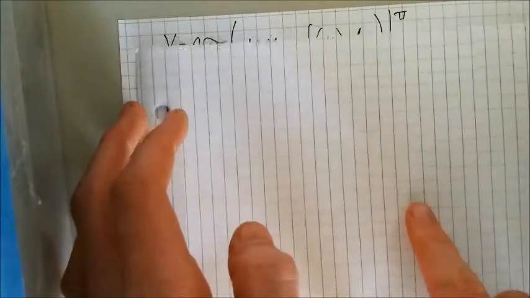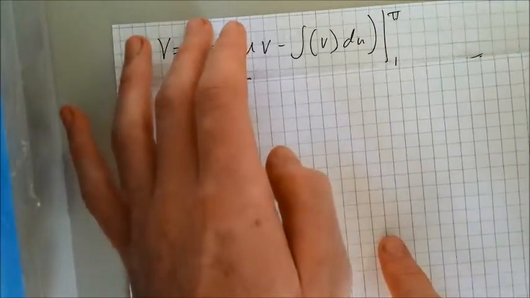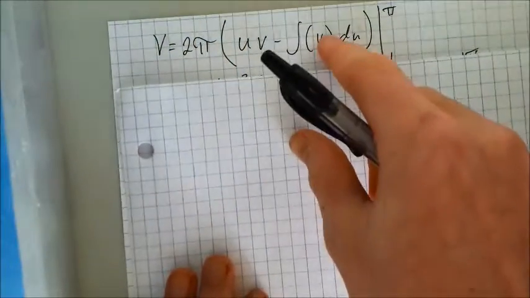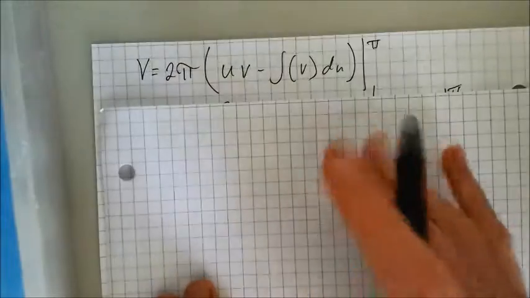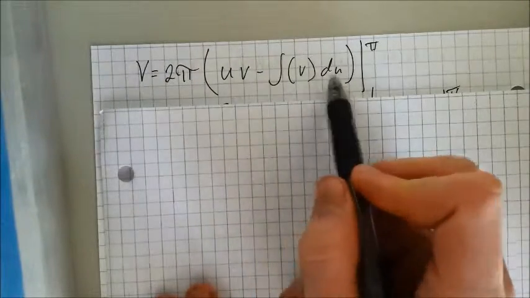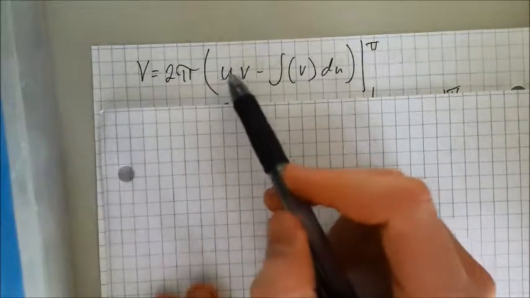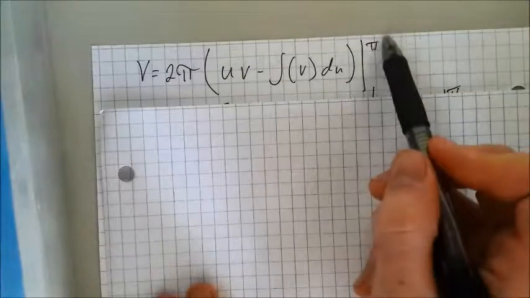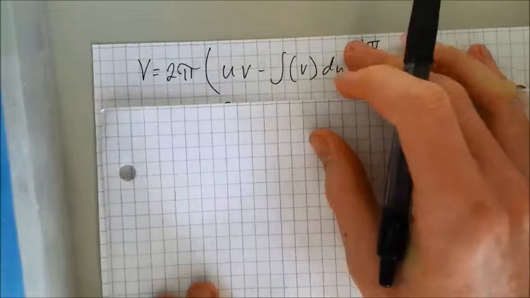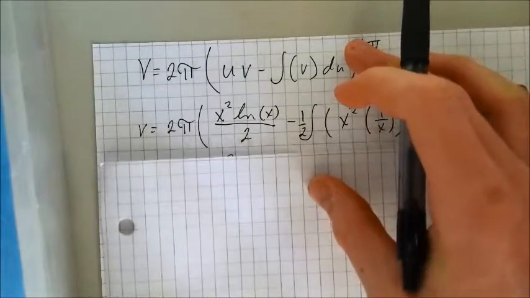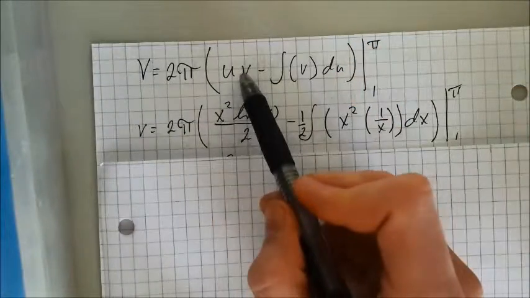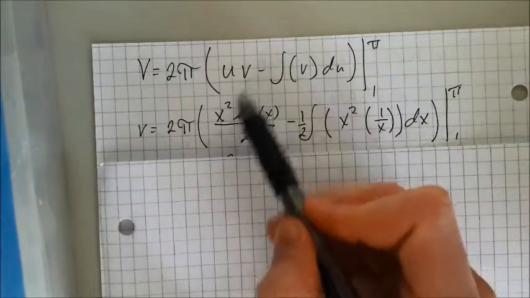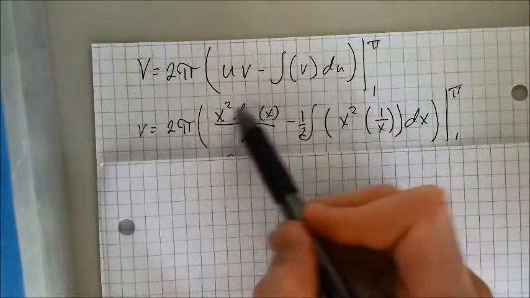So, a moment ago, we found our u and v values to use in integration by parts. And this is just a generic integration by parts formula. And so the integral we had a moment ago turns into this, with our u and v defined, and then evaluated at pi and 1. And so if I plug in the u and v values we had, u equals ln of x and v equals x squared over 2, we combine those into this.